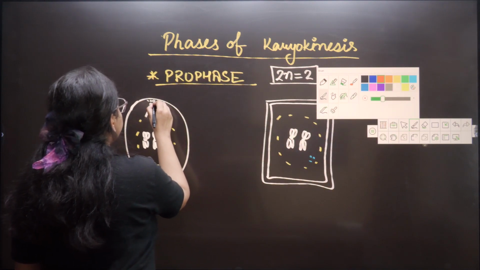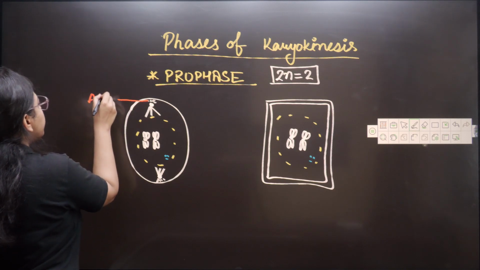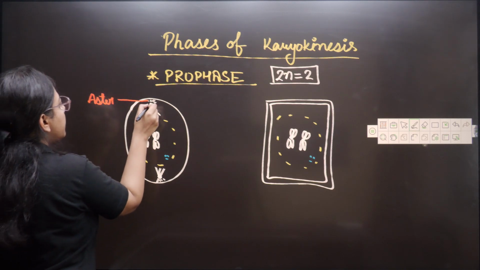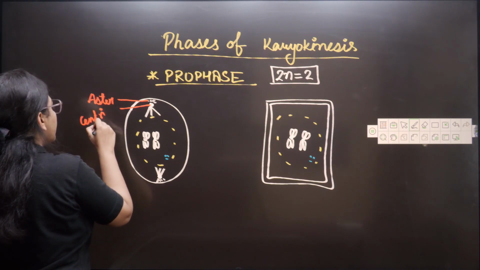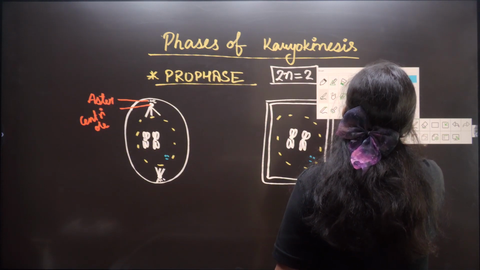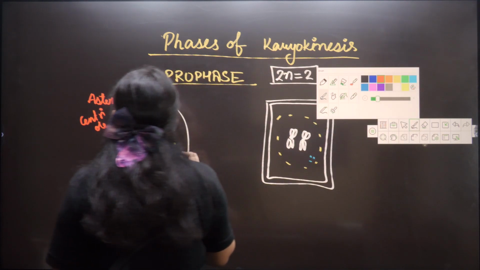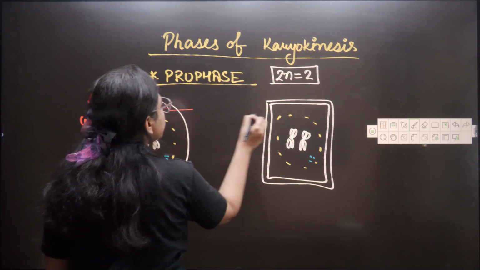First of all, this part is separate because it is only present in the animal cell. This is aster, and this is centriole. Fine, and this is the common part.